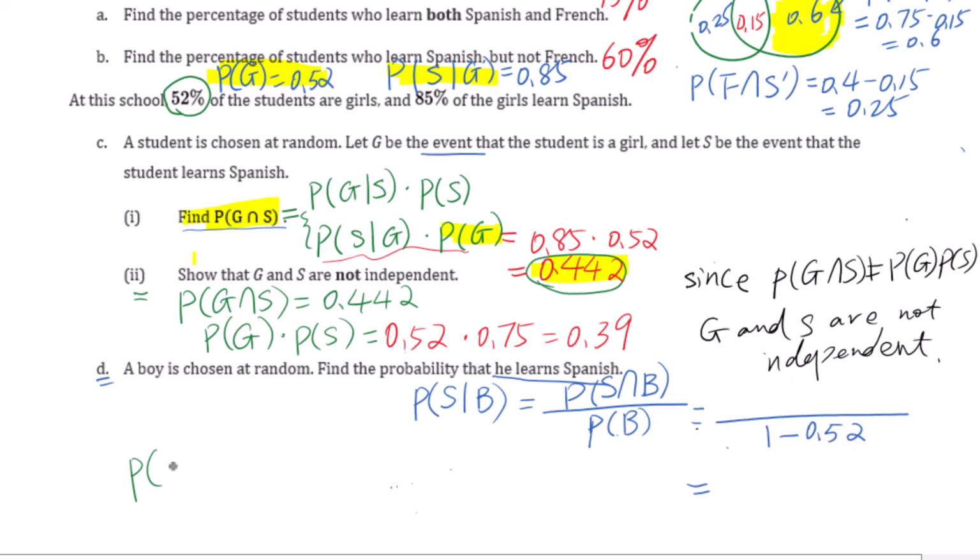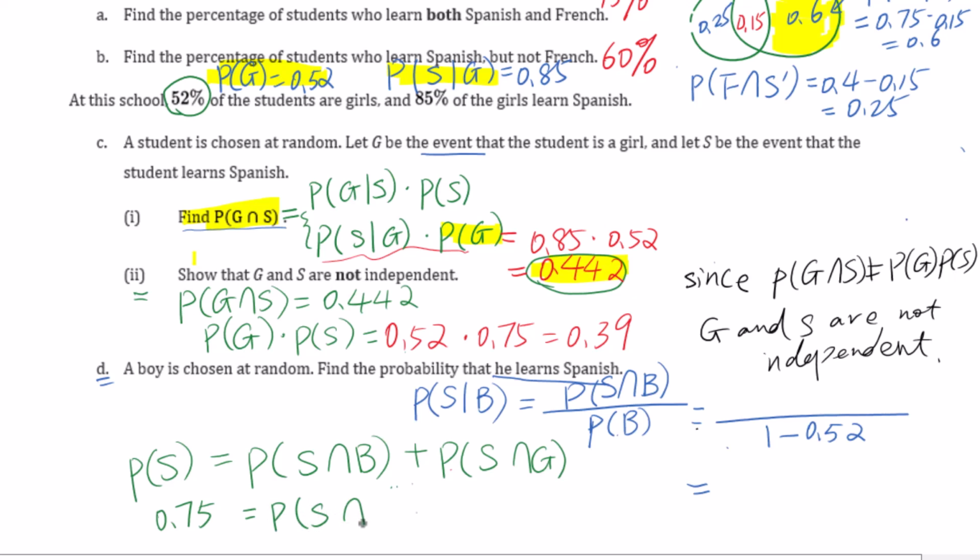Since the probability of Spanish equals the probability of Spanish intersection boys plus probability of Spanish intersection girls. Probability of Spanish, we already know that is 0.75, equals probability of Spanish intersection boys plus probability of Spanish intersection girls, we already figured out it's here, 0.442.